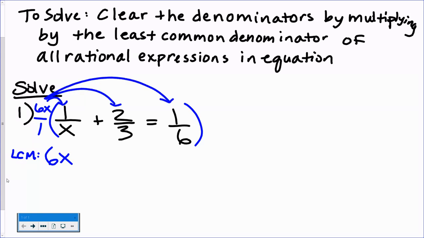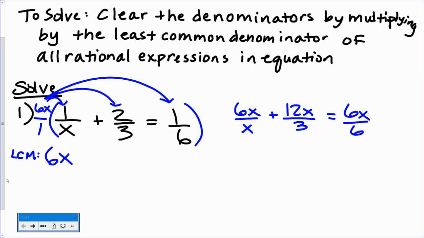So if I rewrite this, that would be 6x over x, doesn't change in the bottom, plus 6x times 2 would be 12x, and that 3 does not change, equals my 6x times my 1, and then divided by 6.